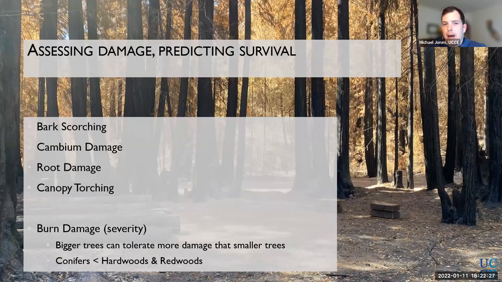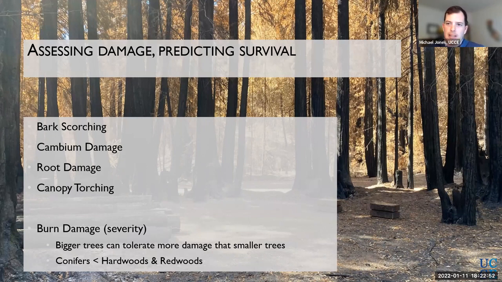So I think that's important to lay out because that's going to help us decide how we assess the damage or how we predict whether a tree is going to survive. And it's a little bit different than when we look at conifers. I'll talk a little bit about Doug fir, since that's the primary conifer that we deal with in these situations. It's similar to the mechanisms that Danny looks at, but we certainly have different responses and we think about it differently.